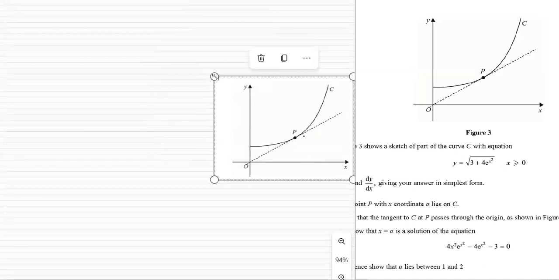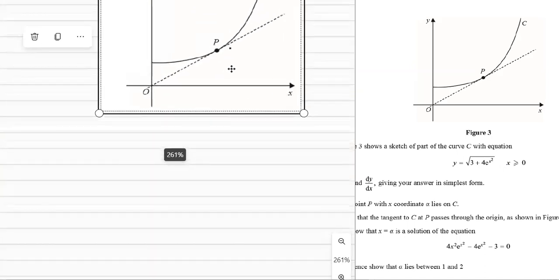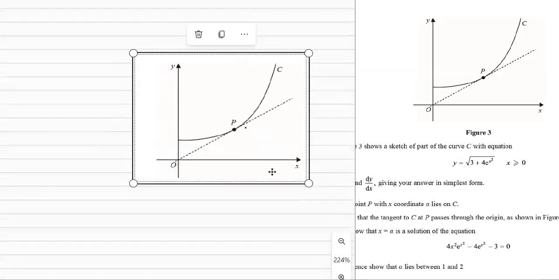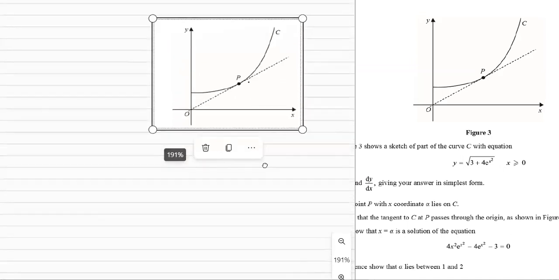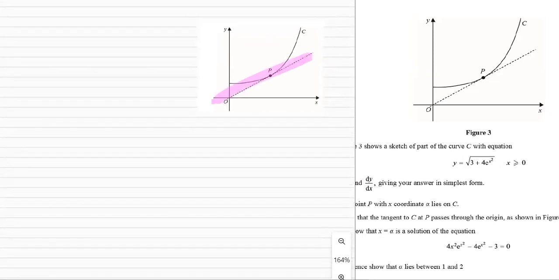The second thing we know about it is that a line that goes through the origin is not going to have a value for c, if that makes sense. The c value of this line that goes through the origin will be 0. So if we had some sort of line mx plus c, we know that c by inspection is going to be 0.